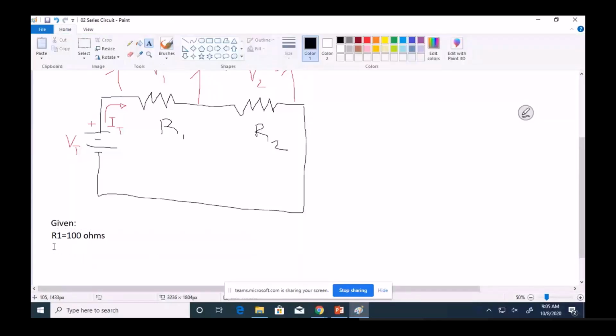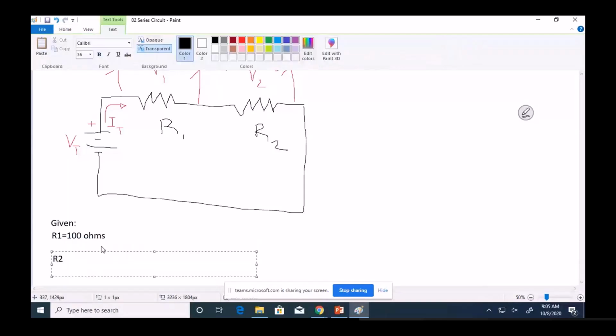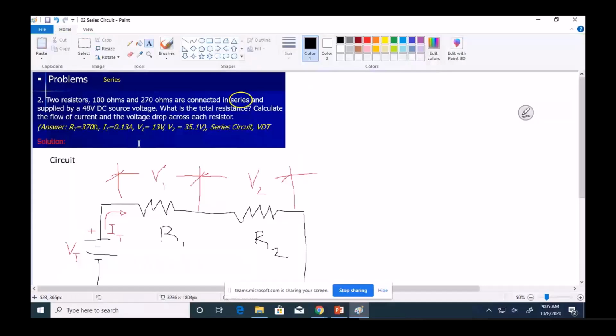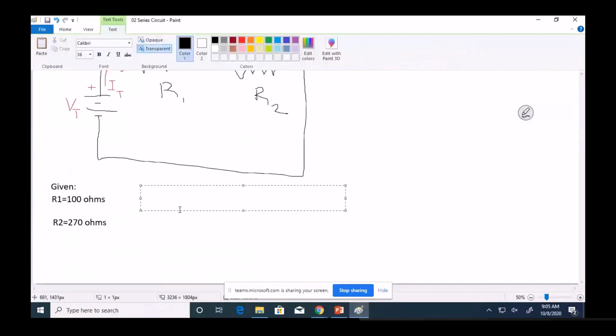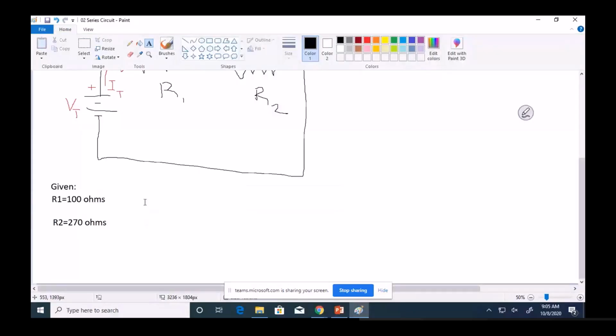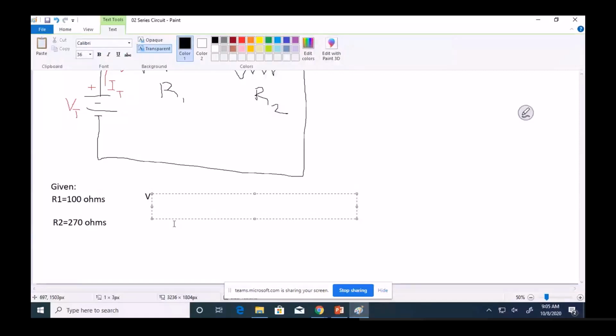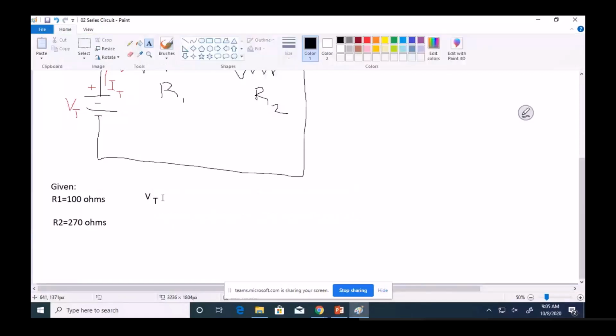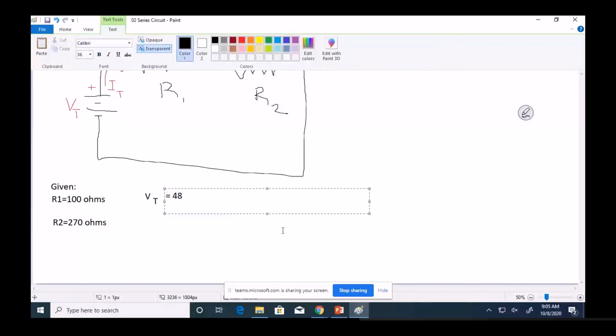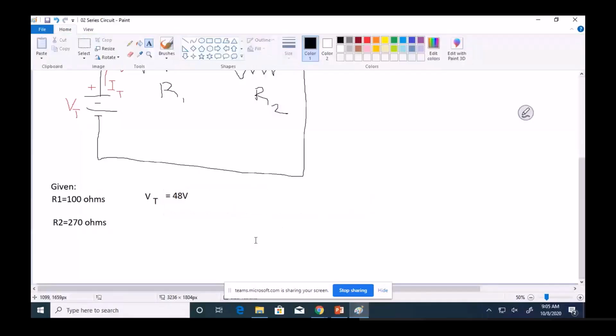Then the next value is R2, equal to 270 ohms from the problem. Then we have a DC source, the total applied voltage, 48 volts. So these are the given values.